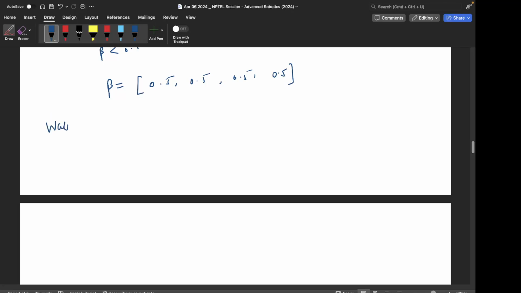And these types of gaits are there in nature also: walk, trot, pace, bound, and pronk. In pronk, all four legs move together. So walk is one leg at a time. Trot is diagonally opposite legs move together, right?